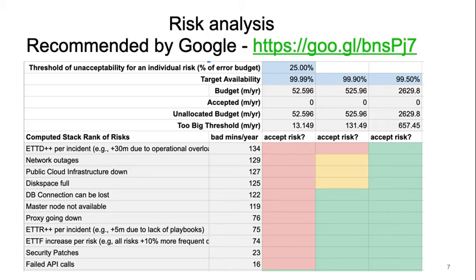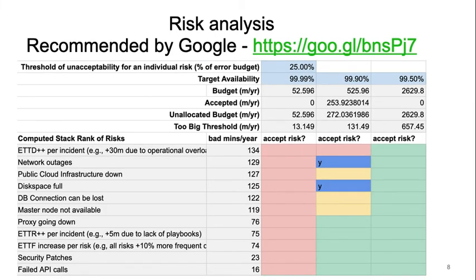And if you take 99.99%, none of them can be accepted because the budget is only 52 minutes and all of them go beyond that. It's quite tough to manage. Now I can play around. You start accepting some of the risks to fall within your accepted error budget and it shows you what happened.